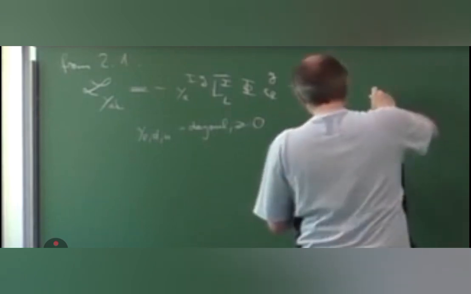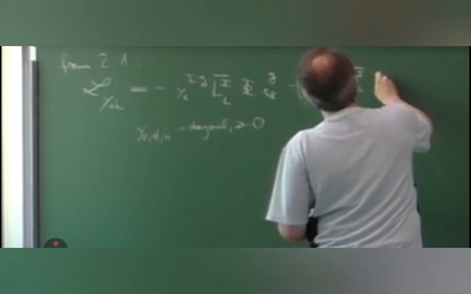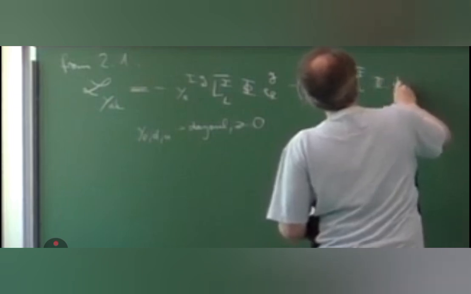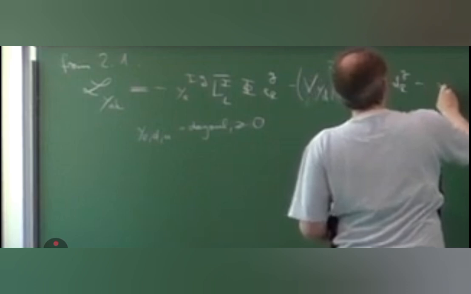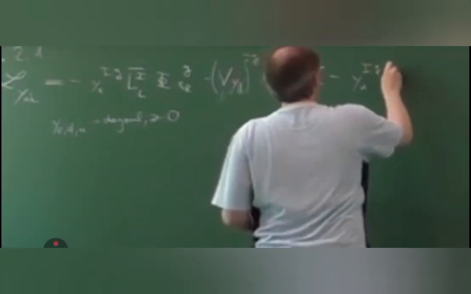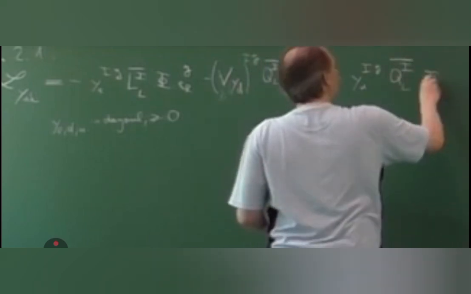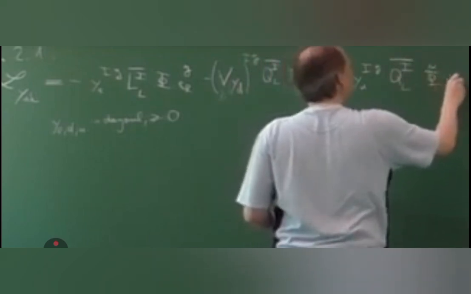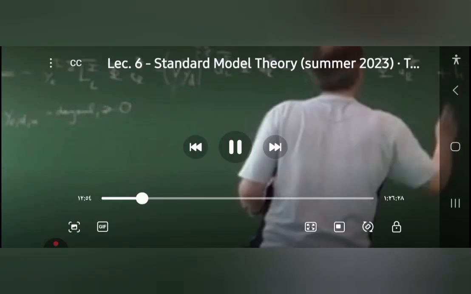least not in general. And then we have Q_I bar left times phi times D_RJ, and finally minus Y_U IJ, that is again diagonal, Q_I bar L phi tilde U_RJ plus the Hermitian conjugate of the same thing.